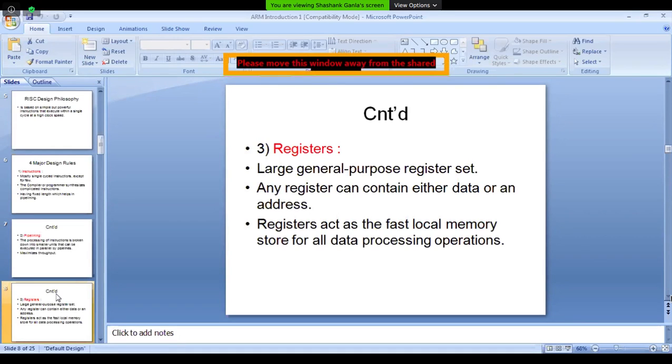Whereas the number of data bits that can be transmitted from a register to a memory location or from a memory location to a register in a single instruction, that will be deciding the data throughput.